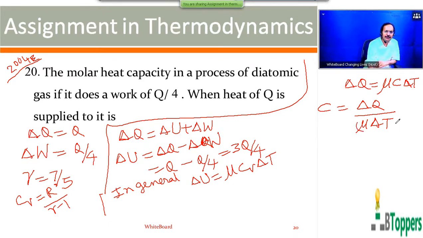So substitute this to get the value of nu delta T. R by gamma minus 1, gamma is 7 by 5 here. If you simplify this, molar specific heat at constant volume can be written as 5R by 2 for the diatomic gas. So delta U you can substitute equal to 3Q by 4 on the left side: delta U equal to 3Q by 4, nu into CV equal to 5R by 2.